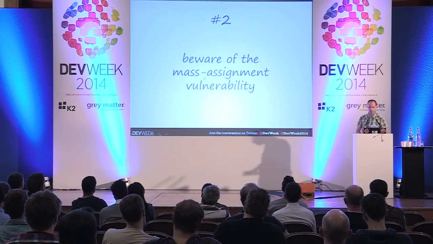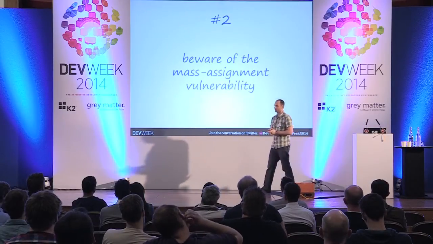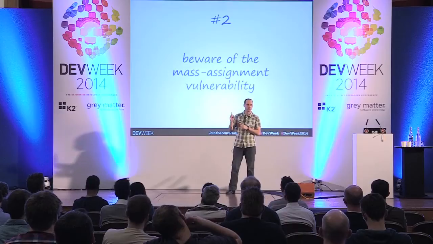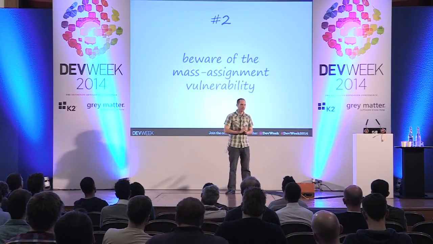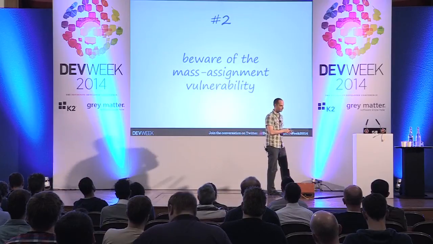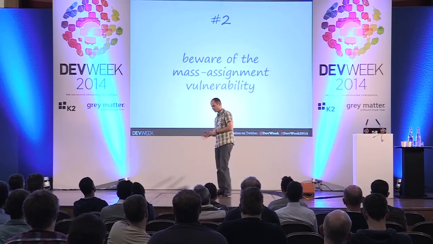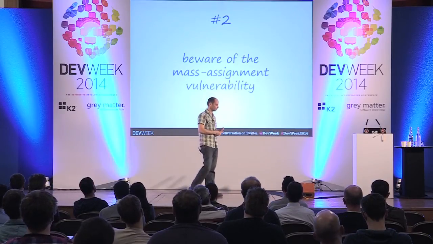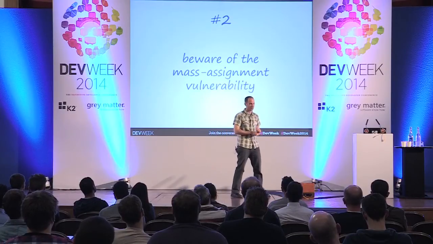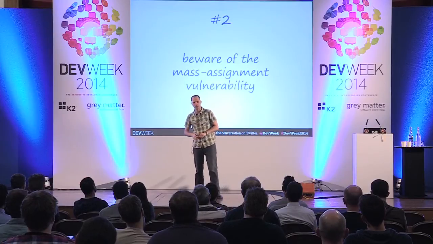Okay, moving on to some security stuff. How many of you know the mass assignment vulnerability? Okay. This was a big buzz, I think 2 years ago, something like that, when GitHub had, I don't know, 1 or 2 days, or maybe it's too much, I don't know.